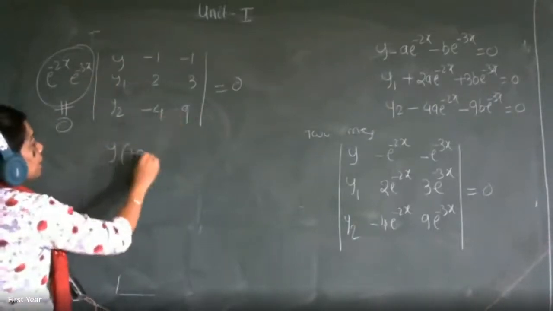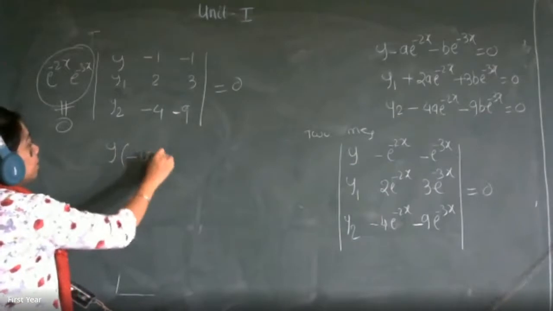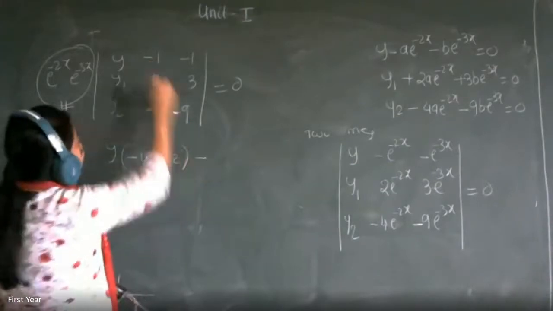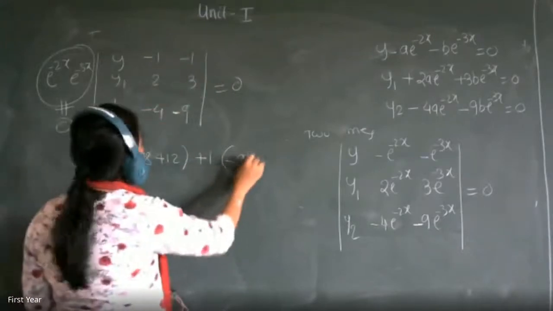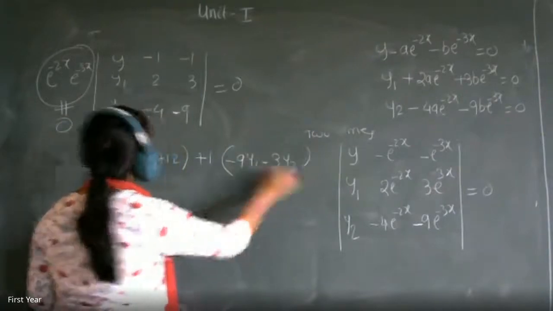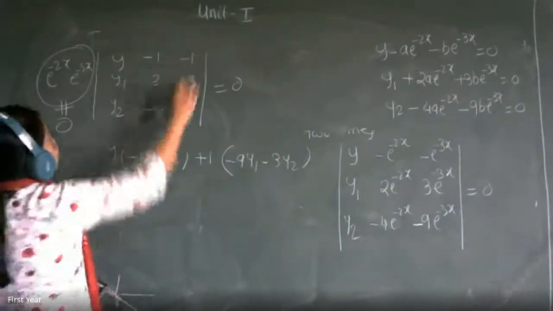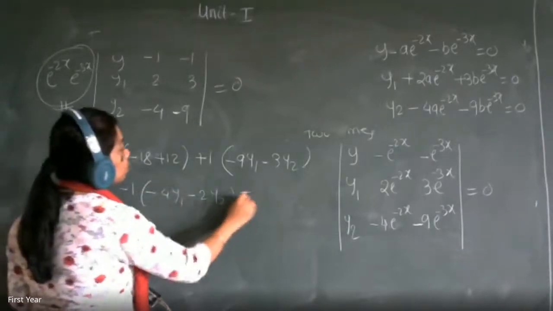It is minus 18 plus 12, so minus 6y. Minus of minus plus: delete first row, first column, minus 9y1 minus 3y2, and minus 1, delete this row, this column, minus 4y1 minus 2y2.